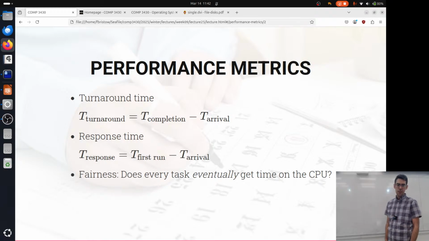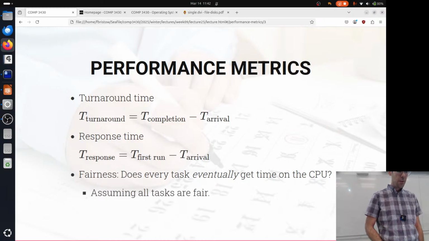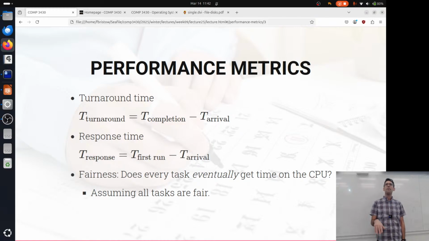And then the other one is going to be fairness. Does every task eventually get time on the CPU? I want to consider this in 2 different ways for each of the policies that we're looking at. First, I want to consider fairness assuming that all tasks are fair, meaning that they will eventually finish.